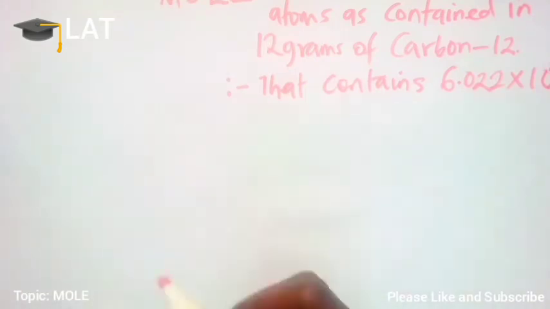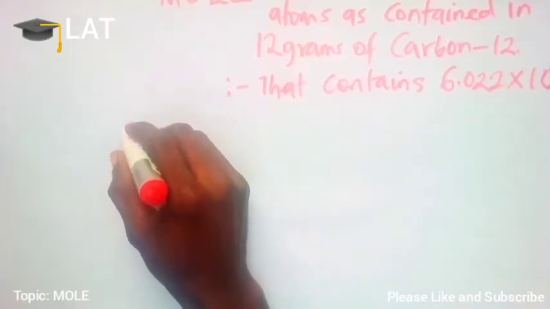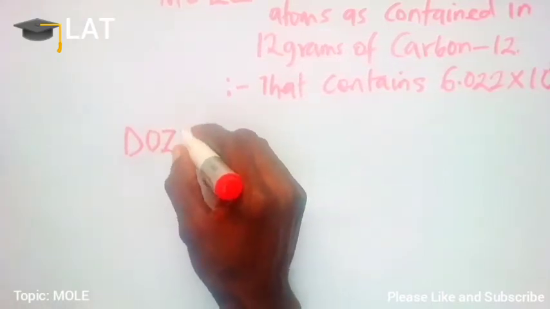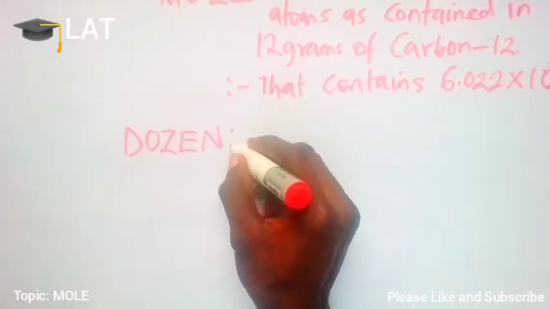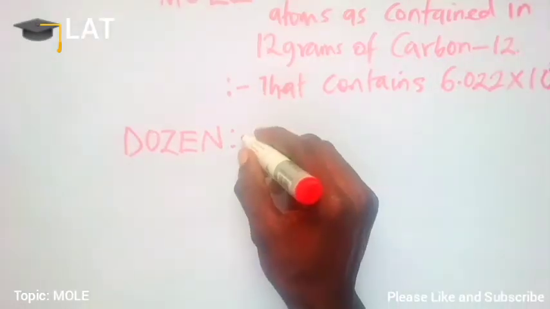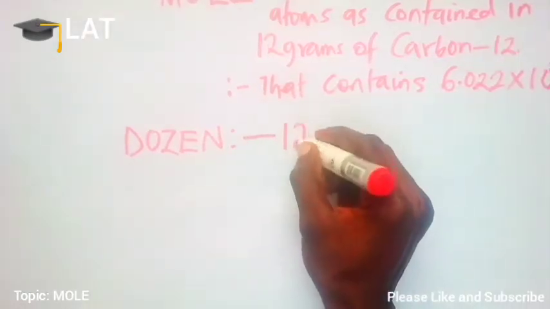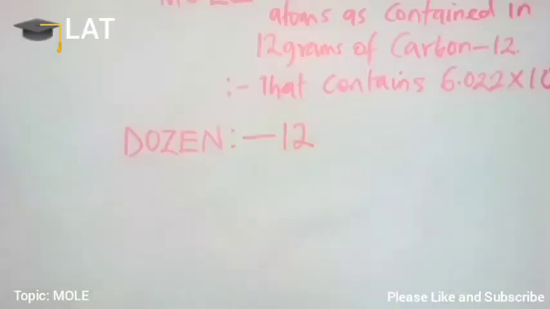But then again, anytime you think of mole, think of the word dozen. As we all know, dozen is a word used for measurement, and we all know that it's 12. Now I want you to ask yourself a question: who chose this number 12 to be dozen?